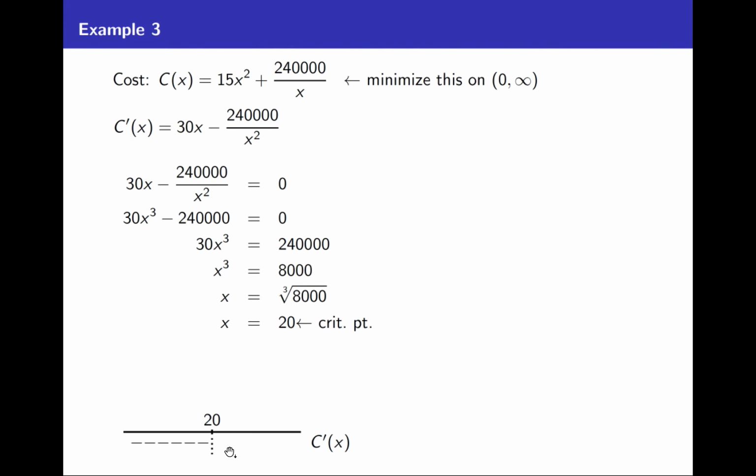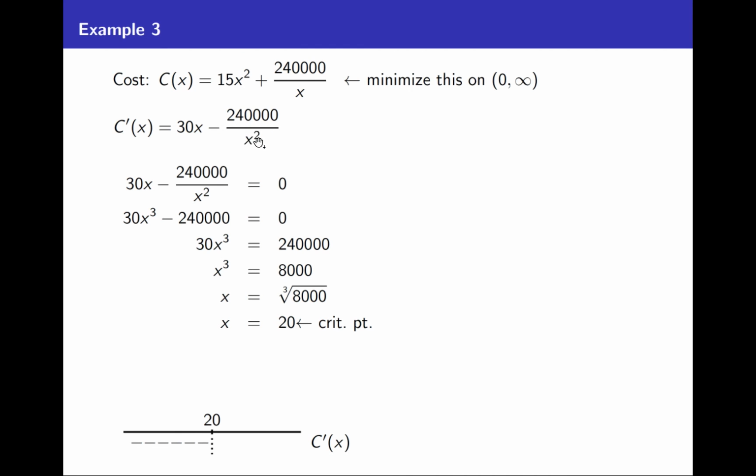Now on the other side, well, look at it this way. If x got really, really, really large, you'd have 30 times a large number minus 240,000 divided by a really large number.